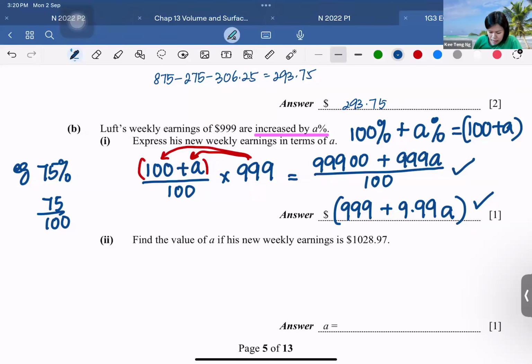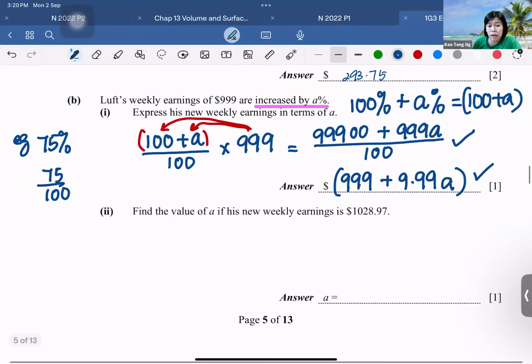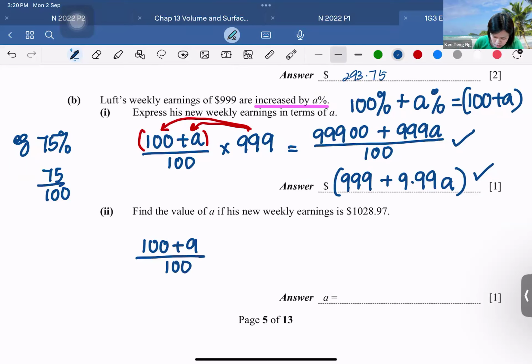Next, find the value of A if his new weekly earnings is this amount of money. So my new weekly earnings, I'm going to use back this, the whole thing multiplied by 999. It says this is equal to 1028.97, so equals, right?